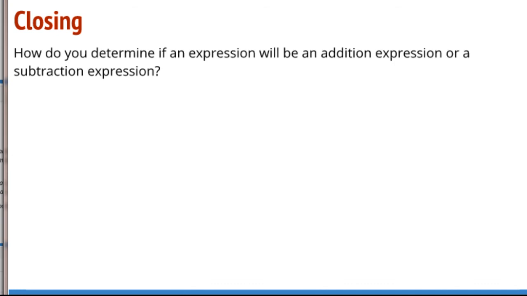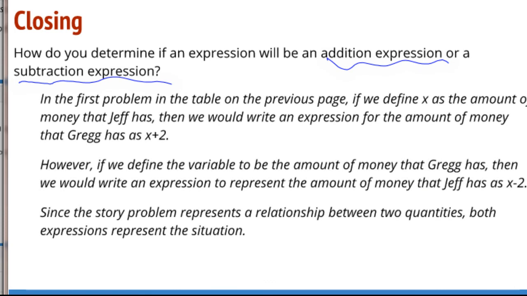All right, so how do we figure out if an expression will be an addition expression or a subtraction expression? Because we've looked at these in pairs. How are we going to decide if we are writing addition or subtraction? Well, this gets back to what I was talking about. You have to read the situation and ask yourself what's going on here. So in the first problem that we looked at, dealing with money, Jeff and Greg, we figured out that Jeff is where we were starting, and we are working from that to figure out Greg.